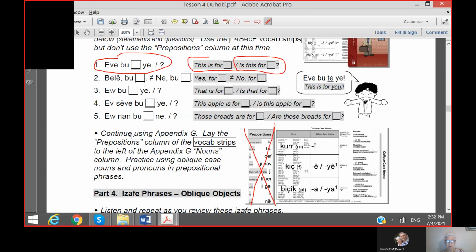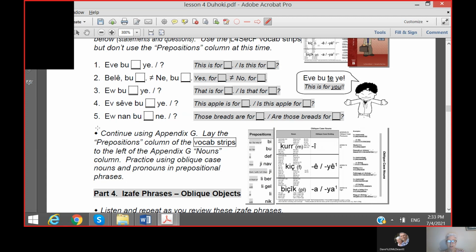Okay. So practice those and practice saying them in these sentences. You can write the sentences out if you want to, or you can just say them verbally. If you write them out, then you can practice them with your language helper.